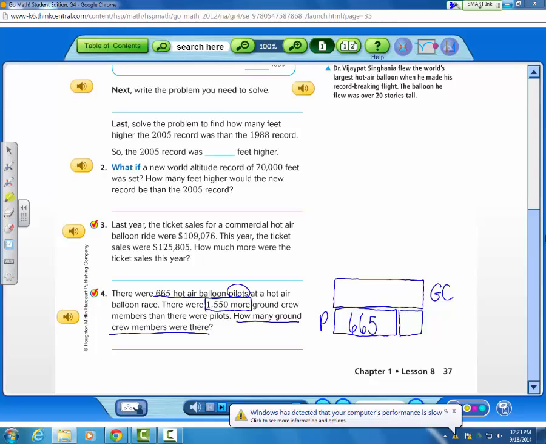We know that the difference between the two is this number right here where they say 1,550 more. So we'll fill that into our difference box. So in order to find out how many ground crew there are, we're going to put the 665 together with the 1,550. The two smaller pieces go together to form the larger one. So this becomes an addition problem.